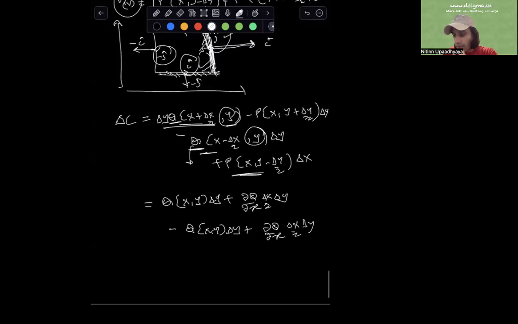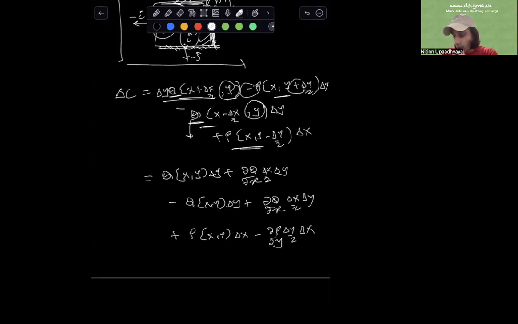Likewise, I can do a Taylor series expansion of this term, and I'll pick up P(x, y) del x minus dou P dou y del y by 2 del x. And from this term, I'll again pick a negative sign, even though this is positive. So the first order expansion will be positive, but there is a negative term outside. So I'll have minus P(x, y) del x minus dou P dou y del y by 2 del x.